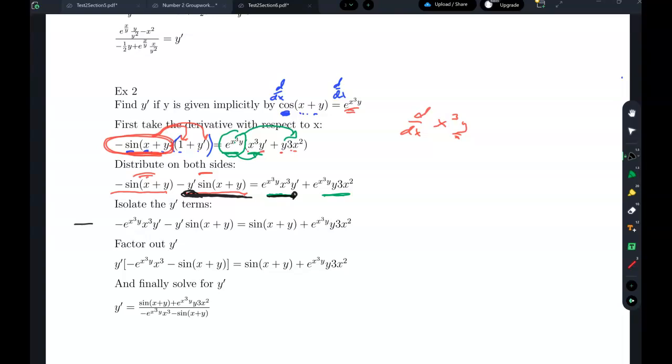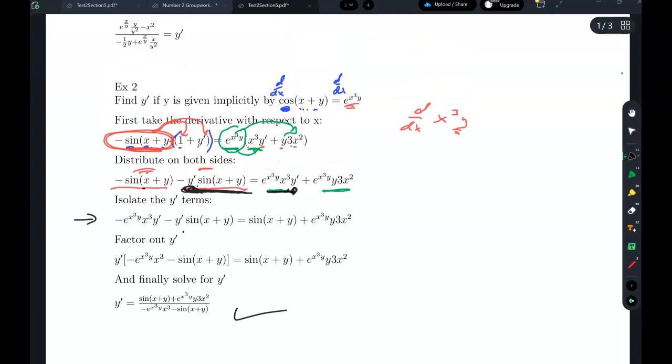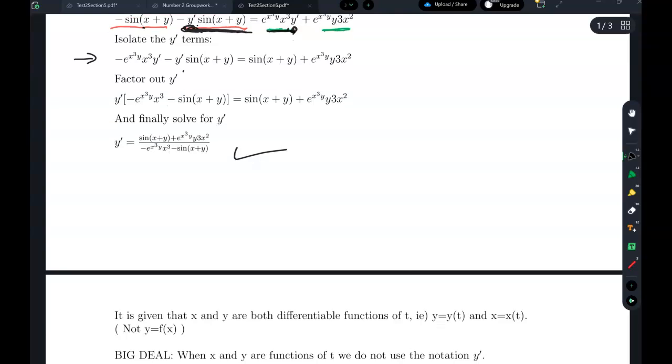So I pulled them over to the left-hand side, so subtracted, kept that one there, moved this one over, factored out the y prime, and then divided, all happy and good. So lots of algebra to distribute to isolate those y prime terms. You did that a lot before.